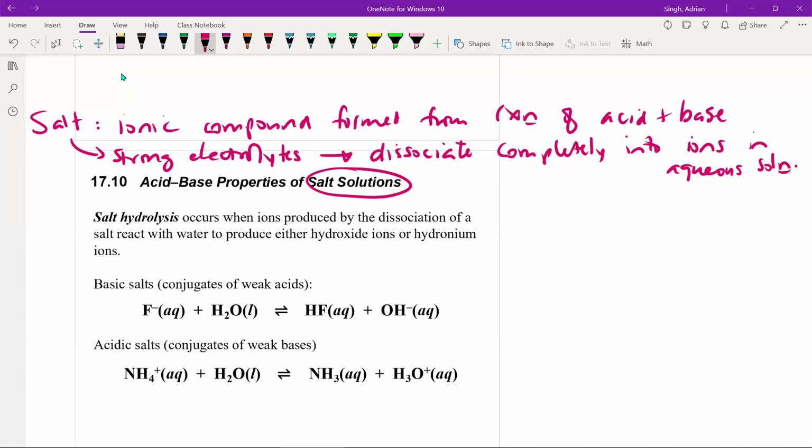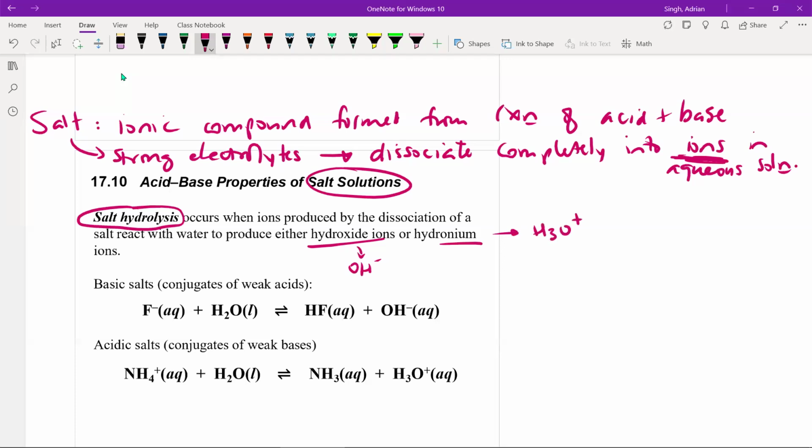So when we talk about salt hydrolysis, the hydrolysis of a salt, and again, a salt is just an ionic compound, that is a process whereby those ions that are produced when it dissolves in water react with the water to produce either hydroxide ions, OH minus, or hydronium ions, H3O plus.